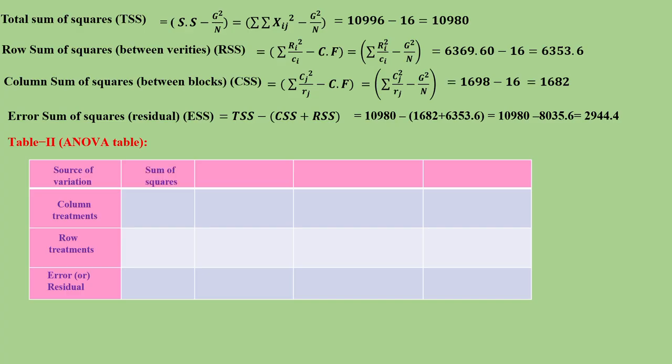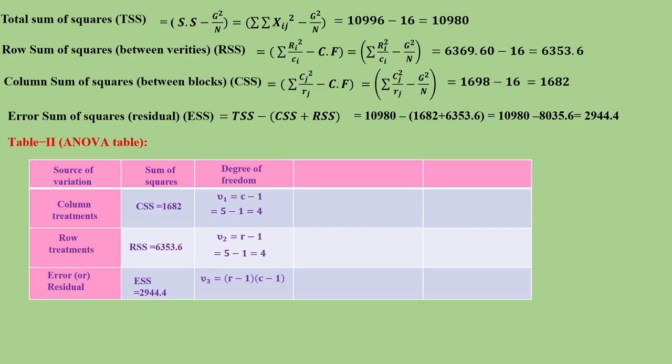Next the ANOVA table. Source of variation: column, row, and error. Sum of squares: CSS 1682, RSS 6353.6, and ESS 2944.4. Next degrees of freedom: first V1, C minus 1, that is 5 minus 1, 4. V2, R minus 1, that is also 4.